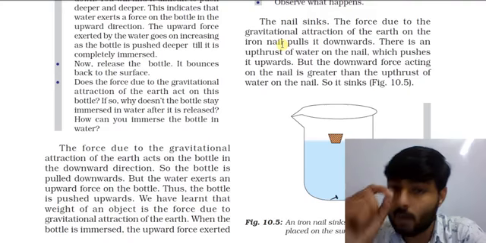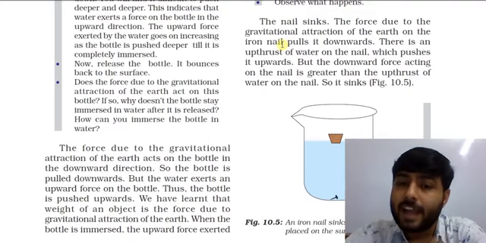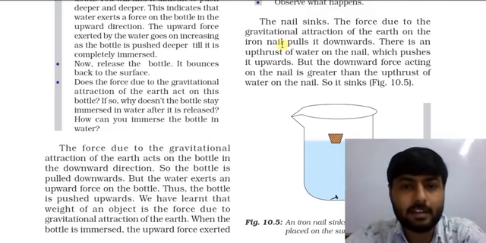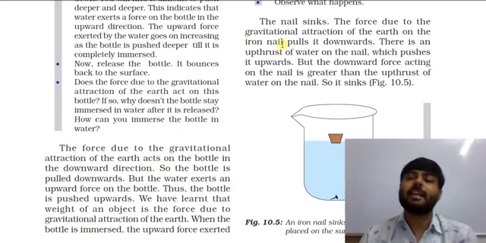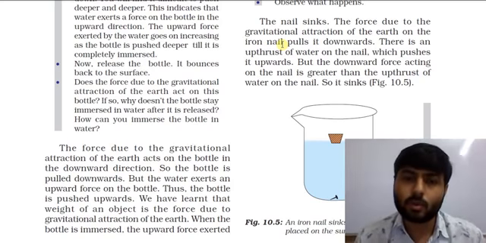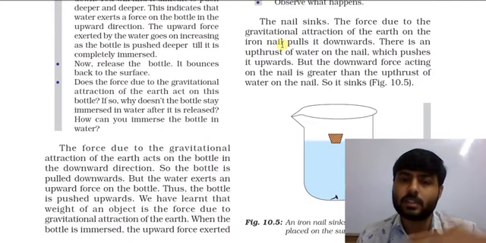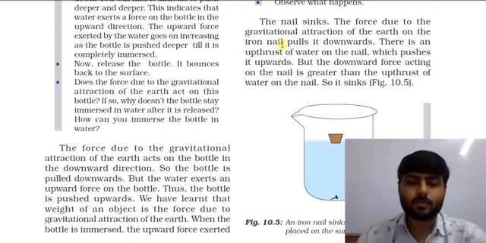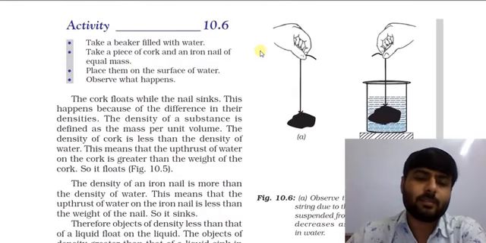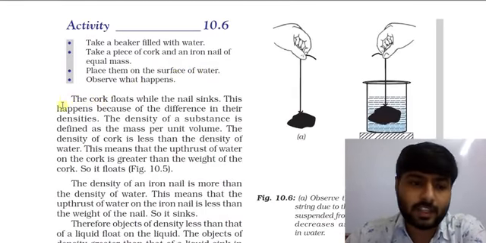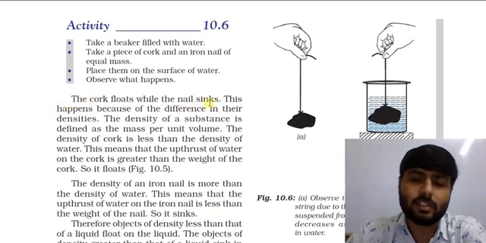So the net downward force is higher in the case of the nail, while the net upthrust force is more in the case of the cork. So the cork floats on the surface of water. We saw that reason, and we have marked the reason: the cork floats while the nail sinks.